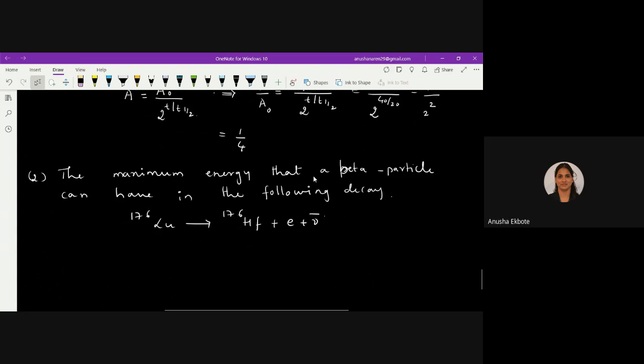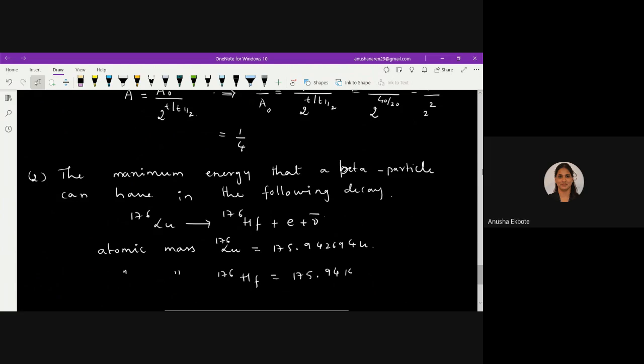The atomic mass of Lu 176 is given to you as 175.942694 U, and that of 176 Hf is given as 175.941420 U. We are given 4 options here.